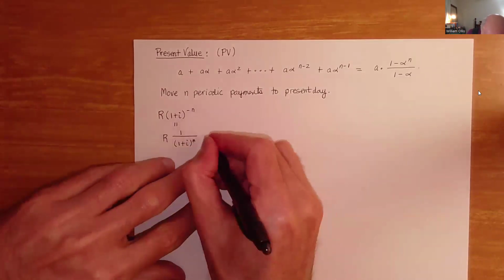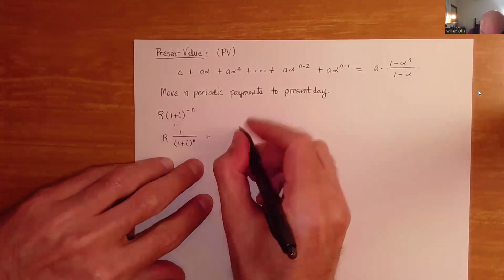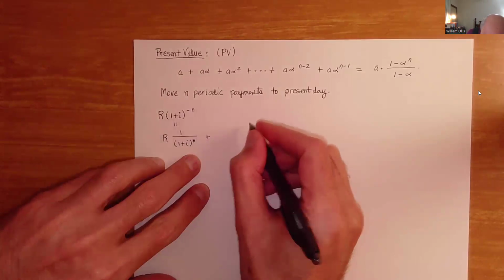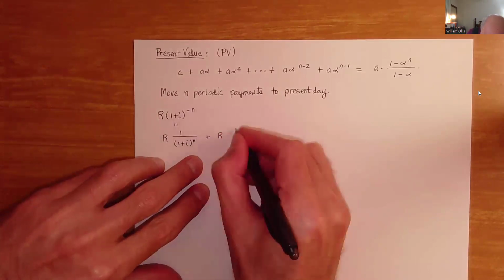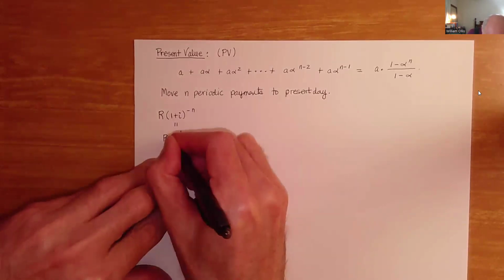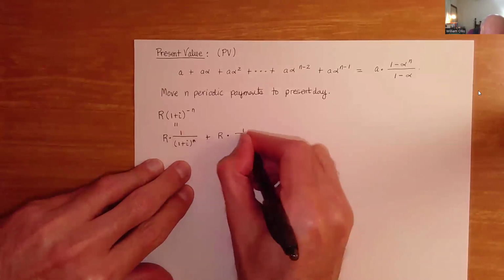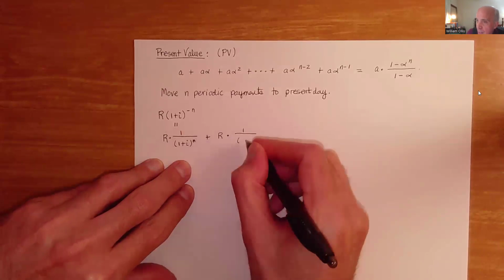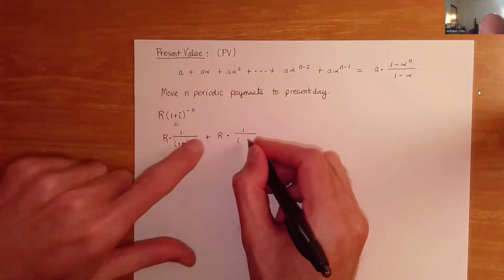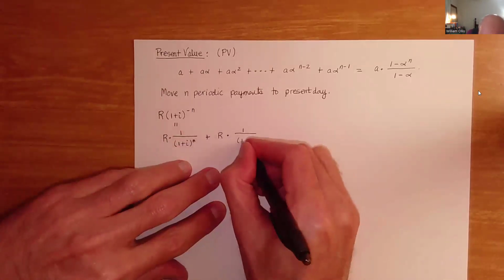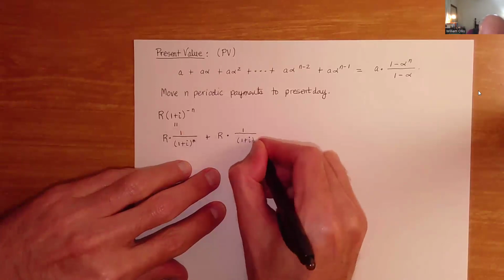And then the next one will move forward by 1 less power. And if you want, you can put a little dot there. Juxtaposition gives you the multiplication, but let's just put the dot to be a little more precise. And minus 1.